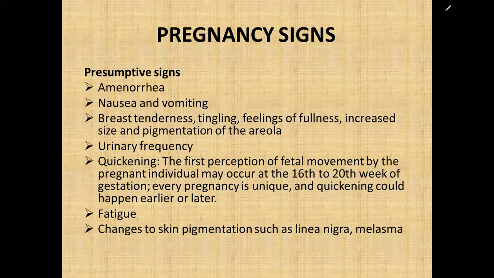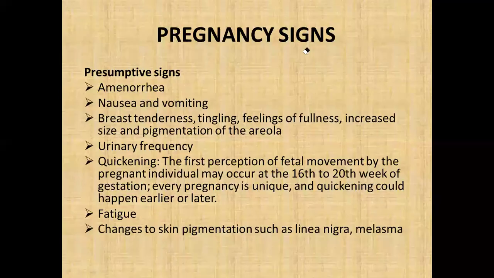We all know that if you have medical conditions that cause hormonal imbalances, you could experience amenorrhea. Then we have several conditions in which an individual could experience nausea and vomiting. Because of that, we termed it as presumptive. Other things can bring them about, and so they are not conclusive that it is pregnancy.